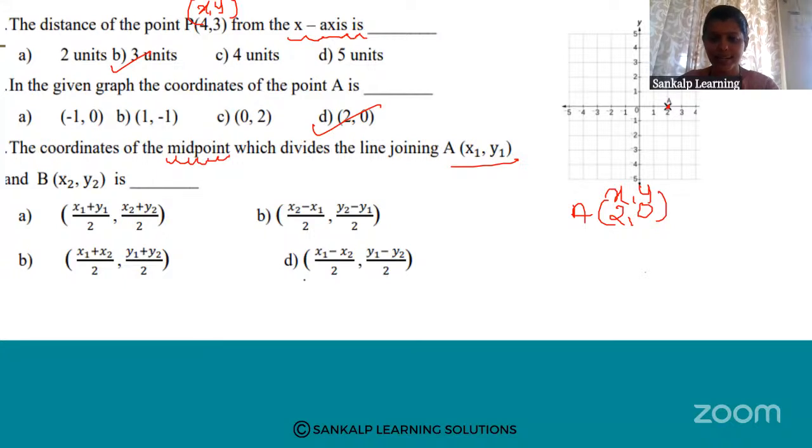Which option is right? Yes, my dear students, option B is right, as we just discussed. The midpoint of the line joining A(x1, y1) and B(x2, y2) is (x1 plus x2) divided by 2 and (y1 plus y2) divided by 2.